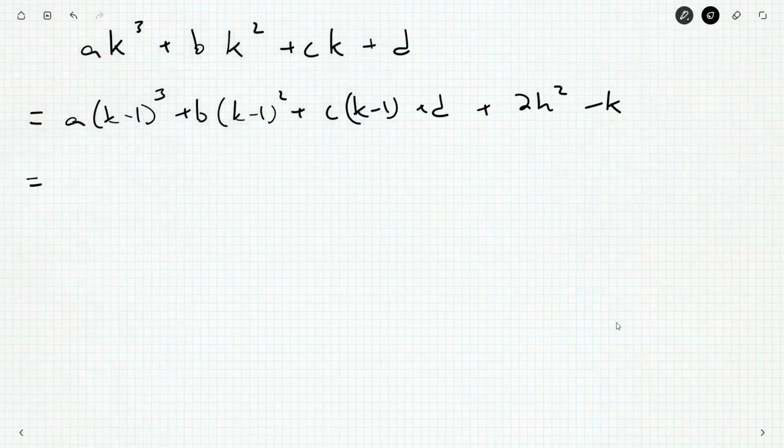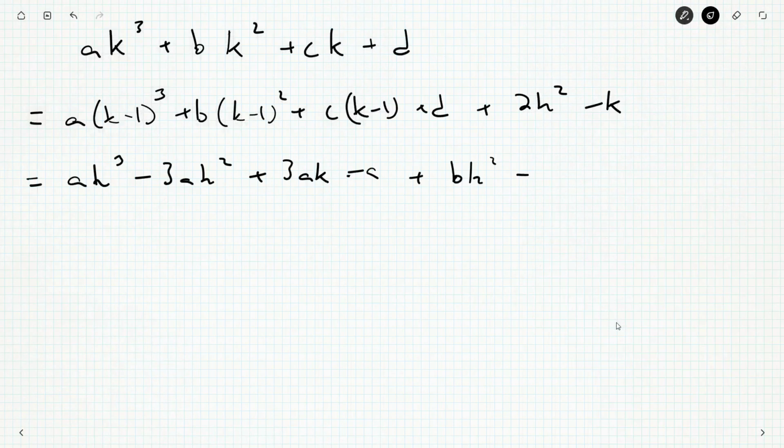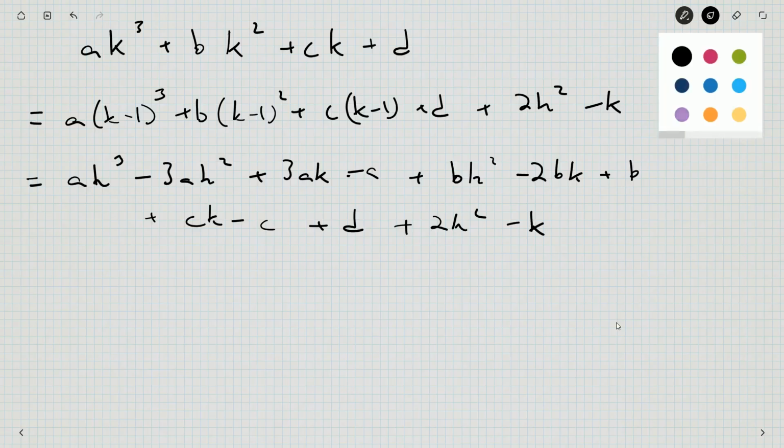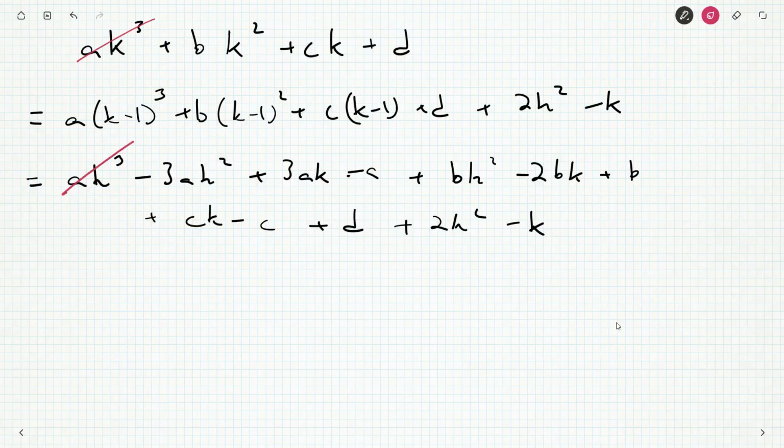Alright, so that'll be ak cubed minus 3ak squared plus 3ak minus a plus bk squared minus 2bk plus b plus ck minus c plus d plus 2k squared minus k. Alright, let's get to canceling a few things out. ak cubeds, bk squareds, cks, ds.